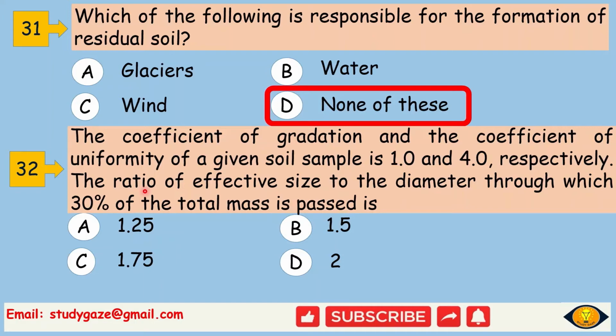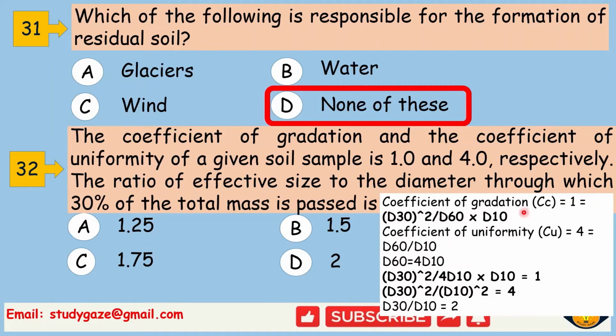As we know, the coefficient of gradation Cc equal to 1, and the formula of Cc is d30 square by d60 into d10. Like that, the coefficient of uniformity Cu equal to 4 equals d60 by d10. So d60 equals 4 into d10, and we put this d60 in the Cc formula. So d30 square by 4 into d10 equal to 1. Then d30 by d10 equal to 2. So the answer will be 2.